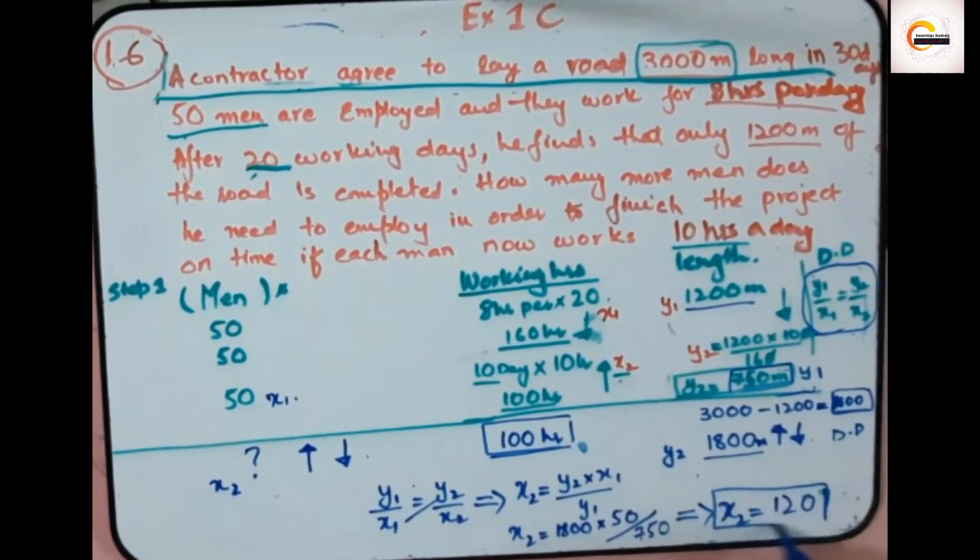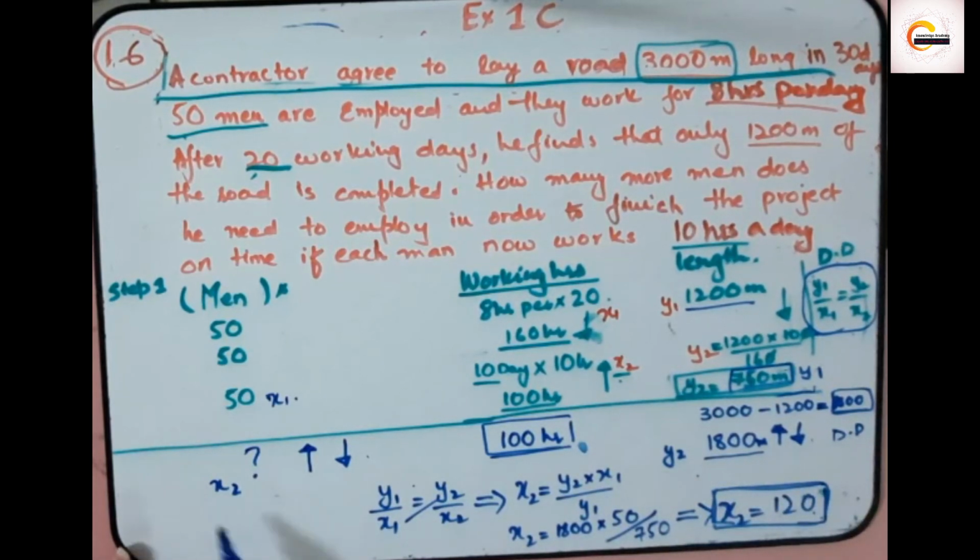Now, how many men do we need? We need 120 men. Sorry, we do not need. We have established that 50 men can lay 750 meters of road, and 120 men can lay 1800 meters of road.